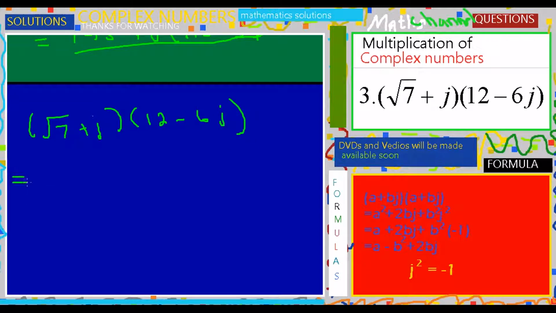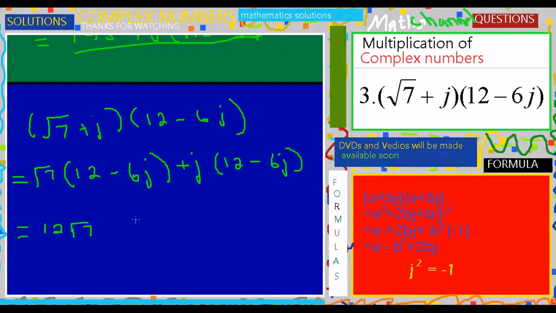Then multiplying this, let's separate it first, like expanding, and then plus 3, so we have plus 6j in the bracket. So multiplying inside, we have something like 12 root 7.